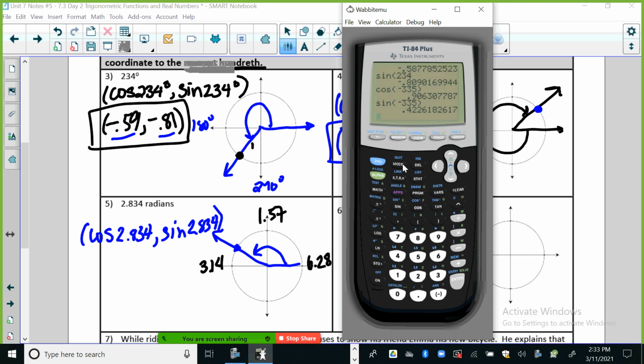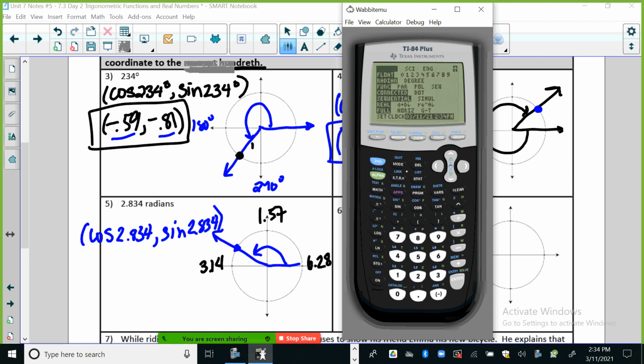Those of you that have the new calculators, you don't even have to go to mode. You have the option right from your home screen, right up top somewhere. It'll say radians or degrees, so you're able to change it right up top. Or you can go into mode to change it. I'm not 100% sure how that works, or it might just be there to tell you right up top. But I know the new calculators have something in the home screen that actually says degrees or radians. Older calculators, you have to go to mode to check to see if it's in degrees or radians.